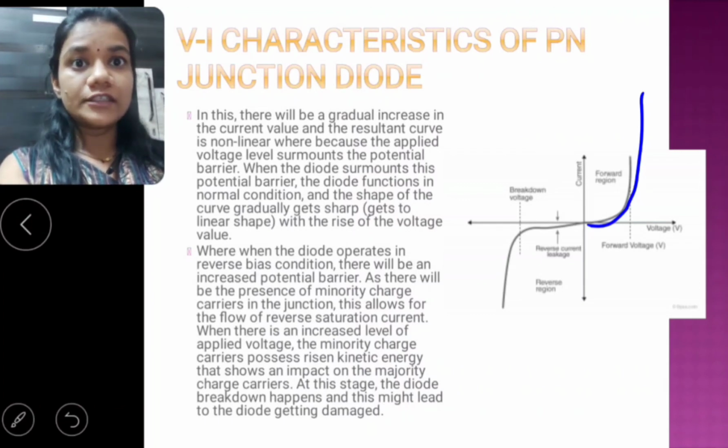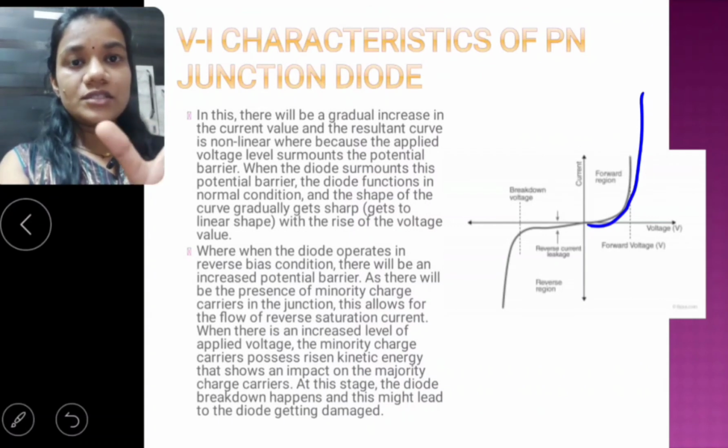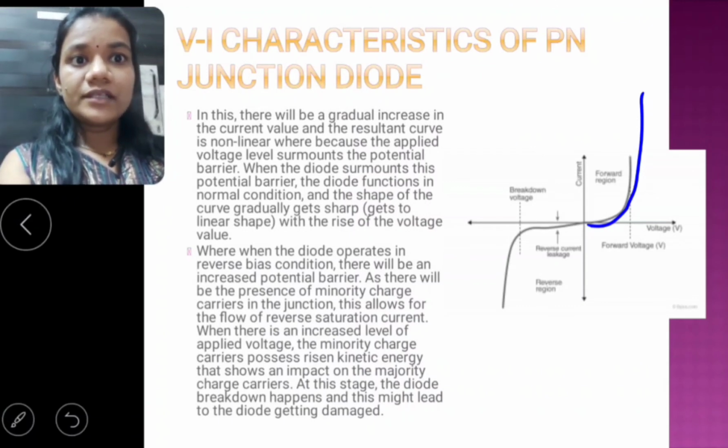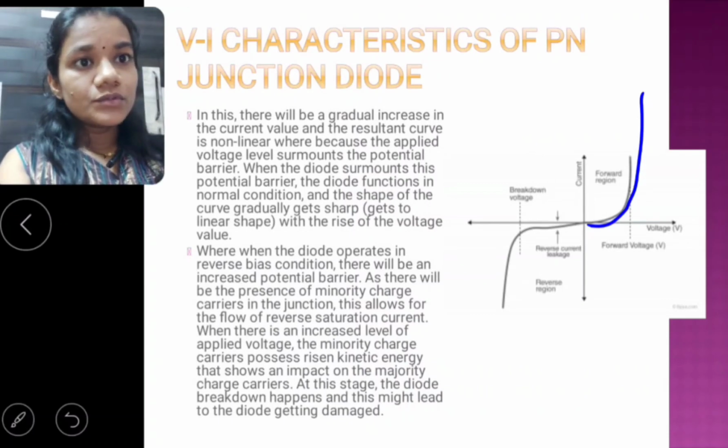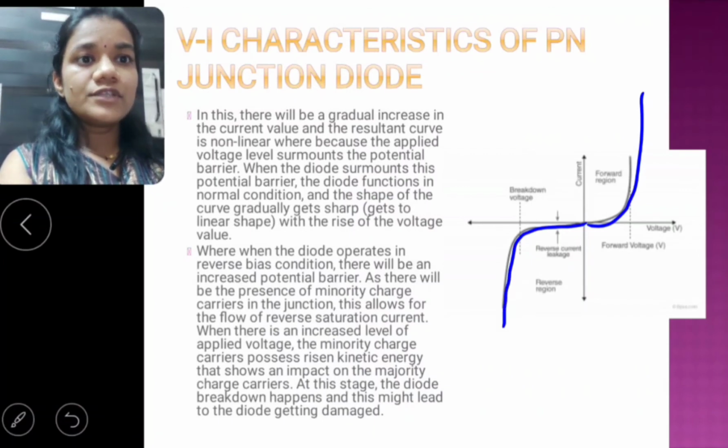Just now we said that in reverse bias condition the depletion region is thicker, meaning the depletion area is larger. So the potential barrier increases. As there is a presence of minority charge carriers in the junction, this allows the flow of reverse saturation current when there is an increase in the level of applied voltage.